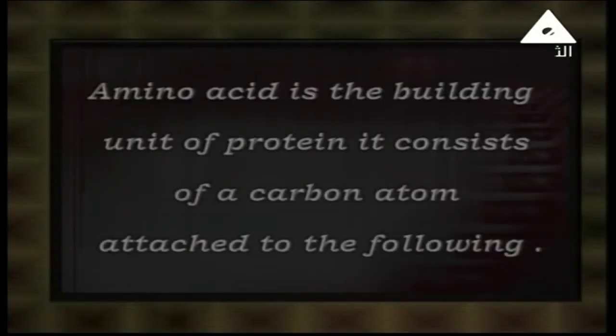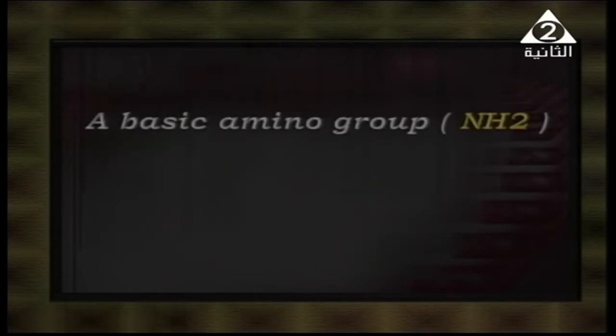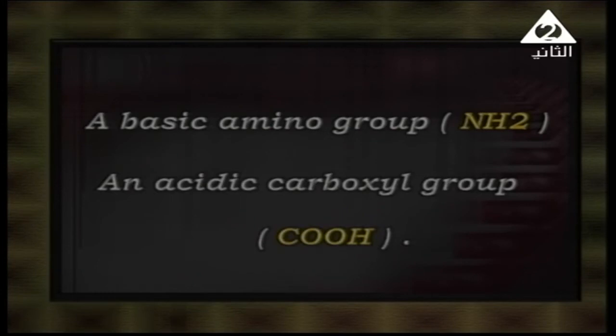Number 1, amino acid is the building unit of protein. It consists of a carbon atom attached to the following. Number 1, a basic amino group, NH2. Number 2, an acidic carboxyl group, COOH.